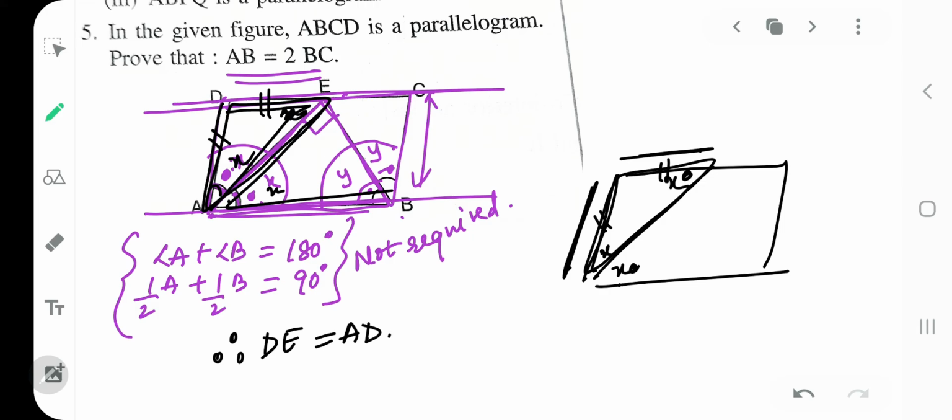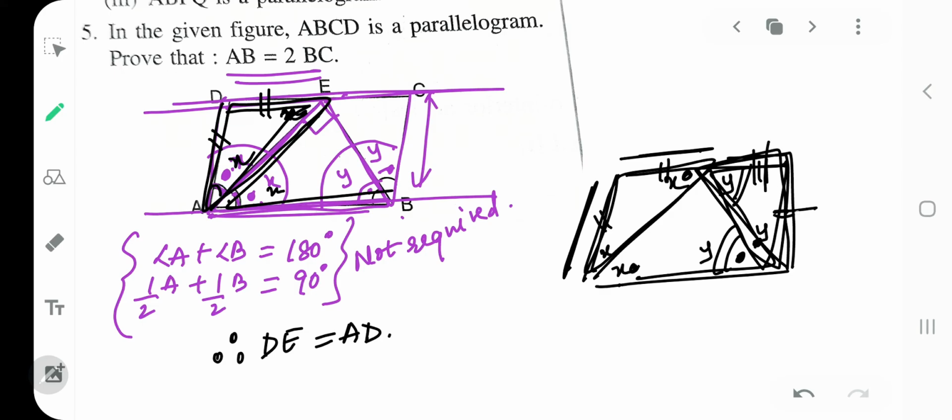Towards your right hand side also you will go the same. Here the bisector is given, so this angle is equal to this angle, but again this is a Z forming angle, so this will also be equal to this. Getting my point? If I take this as y, this also becomes y by alternate angles. That means again this triangle is an isosceles triangle. So once this is an isosceles triangle, the sides opposite to the equal base angles are equal. So it is EC here and CB. So you can say therefore EC is equal to CB.